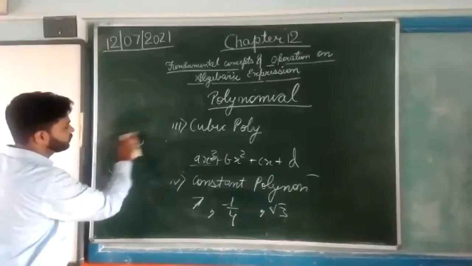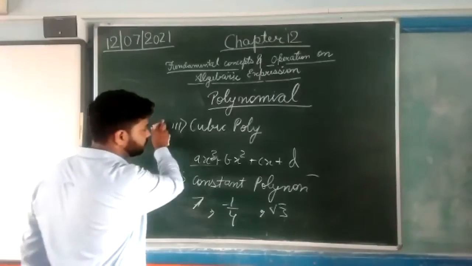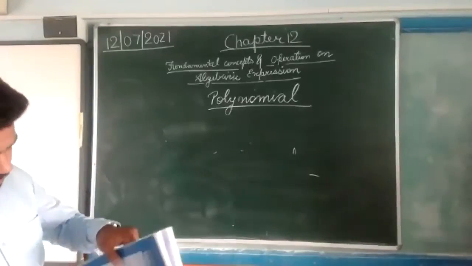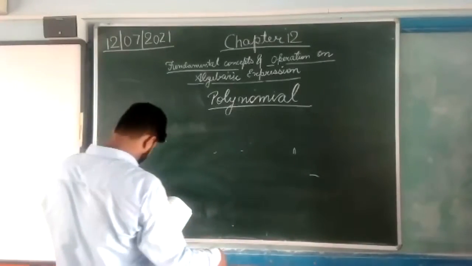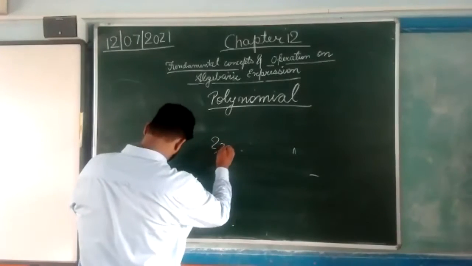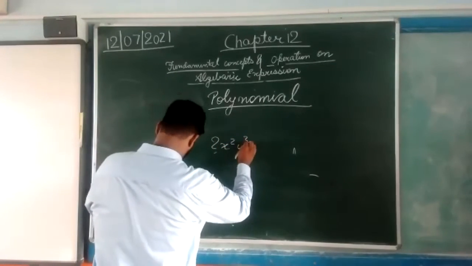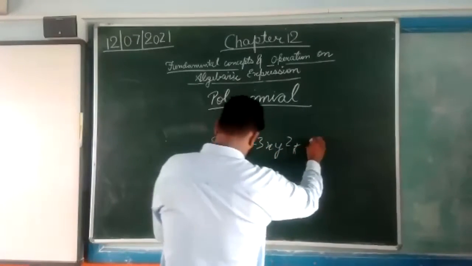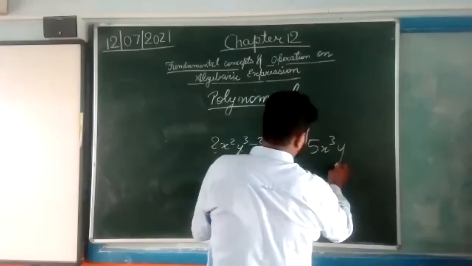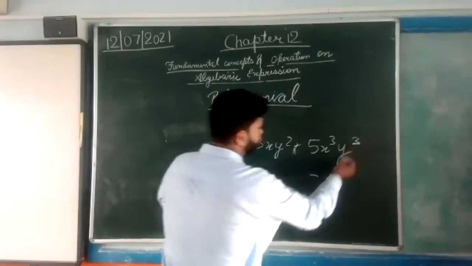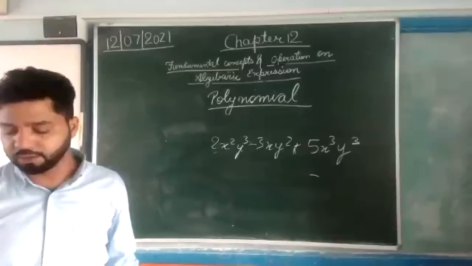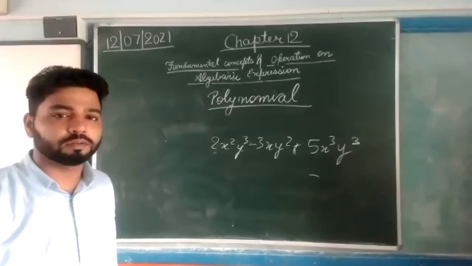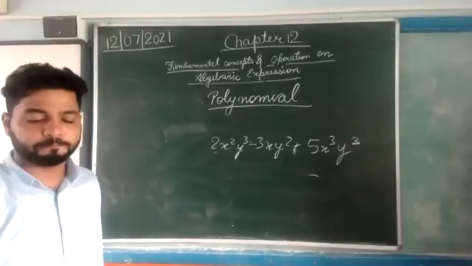Now, can anyone tell me what is the degree of this equation? Because there are two variables. Shantanu, tell me.